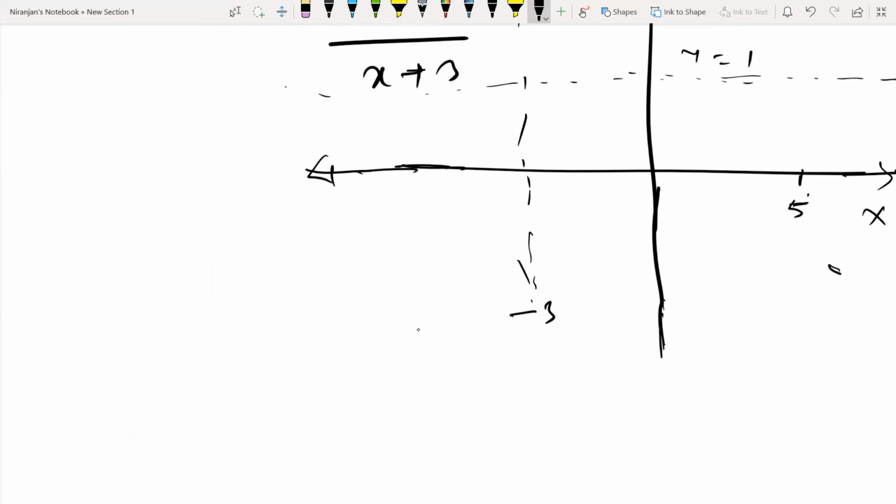What would be the limit at minus 3 on the left side? That means this side.